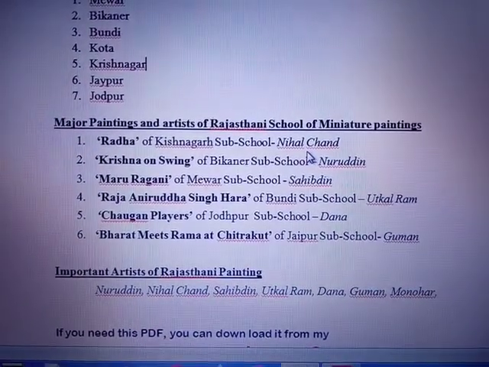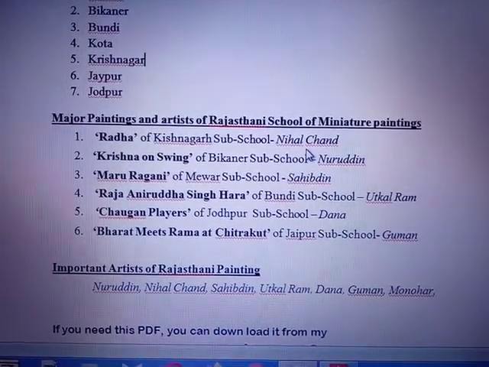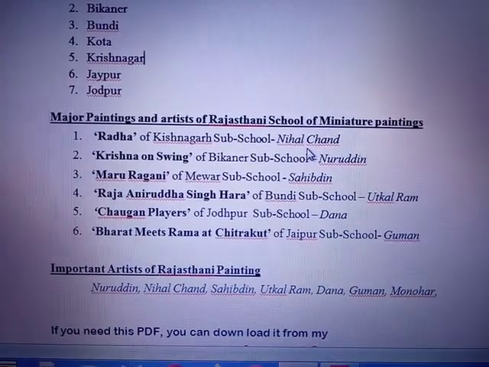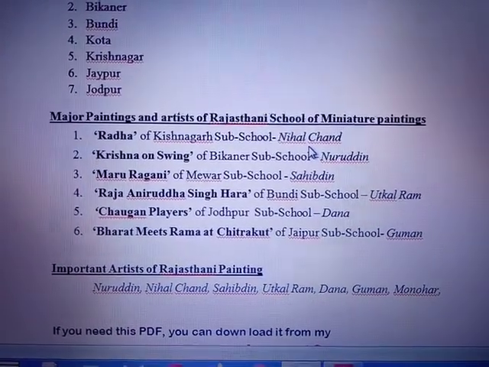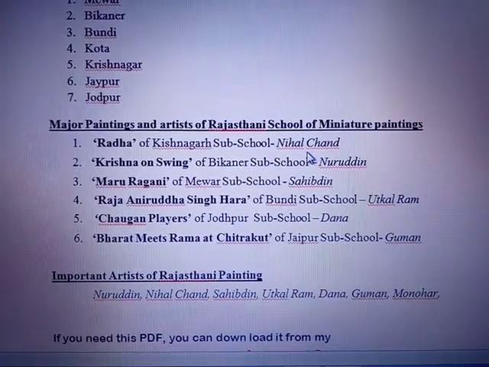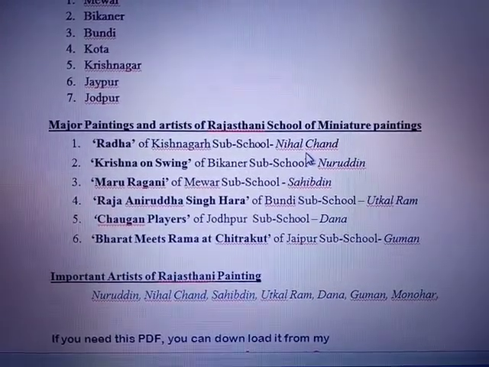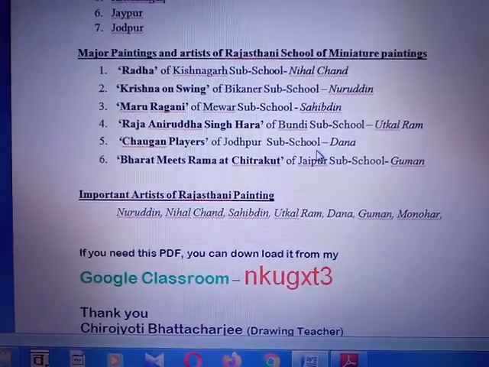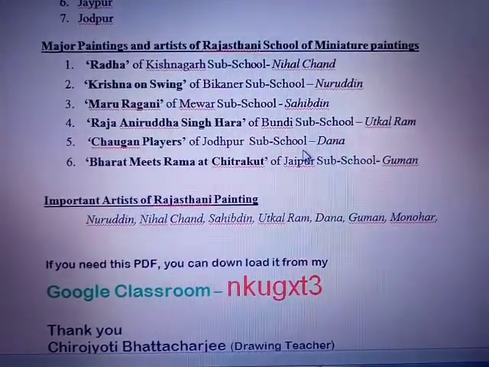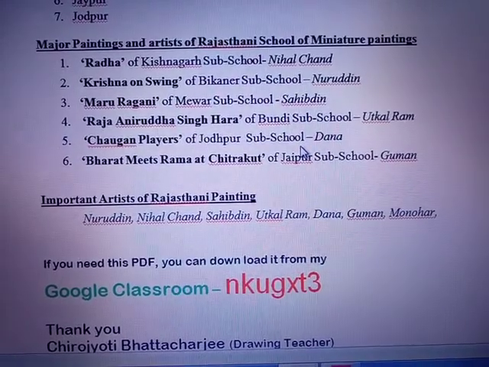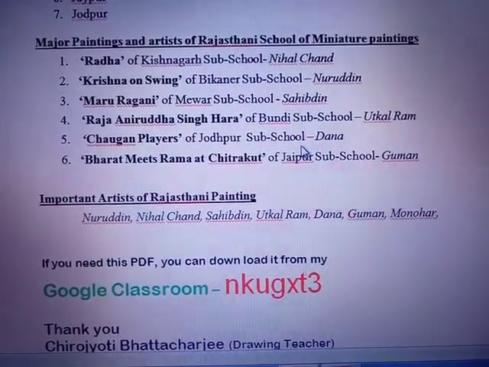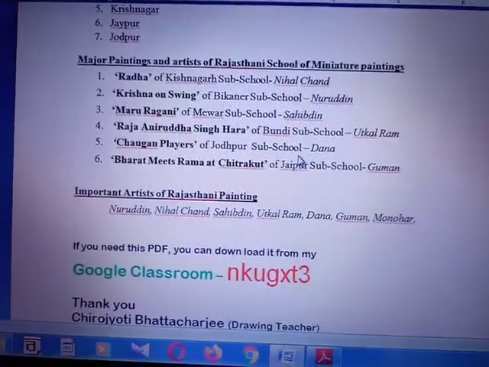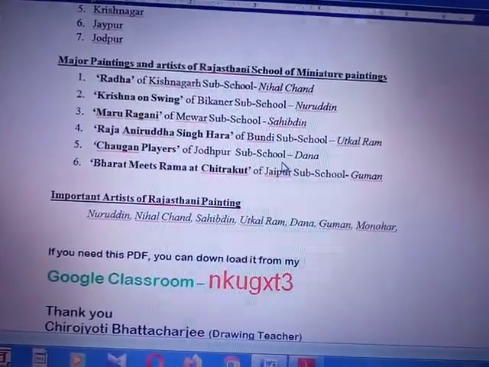They will give four names of the sub school, and you have to identify the right one. So try to remember the name of the painting and artist and from which sub school it belongs. The important artists of Rajasthani painting are Nuruddin, Nihal Chand, Sabuddin, Utkal Ram, Dana, Guman, and Monohar. These are a few names of the artists of the Rajasthani School of Miniature Painting.